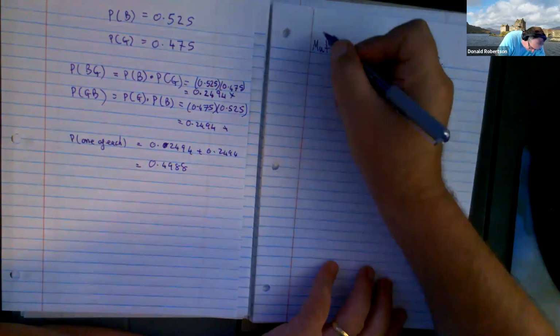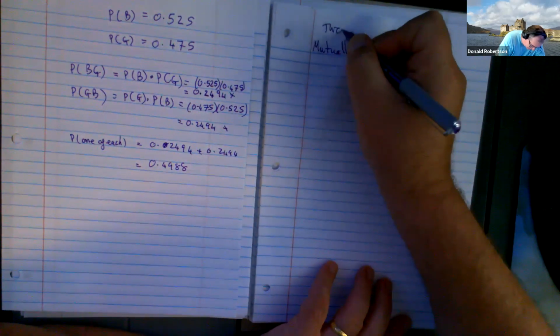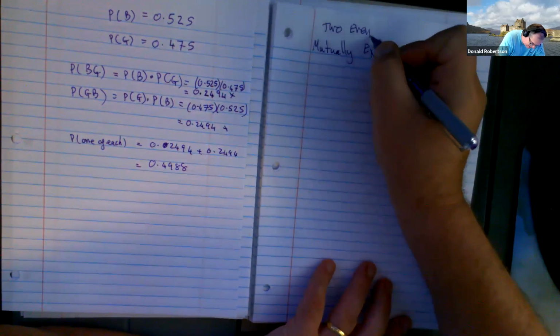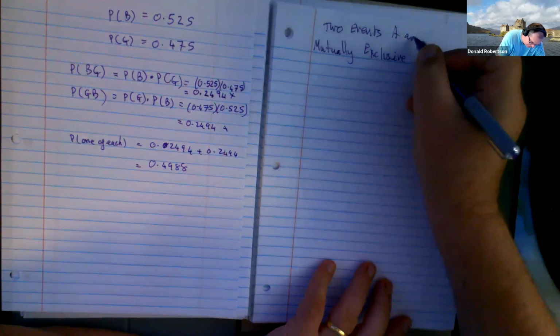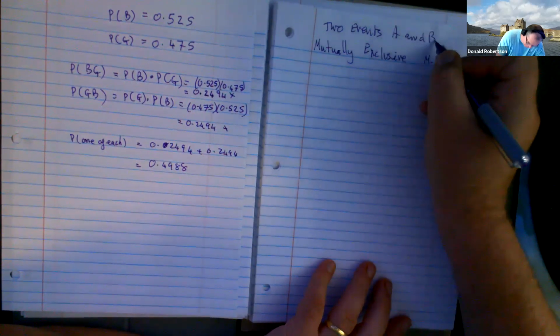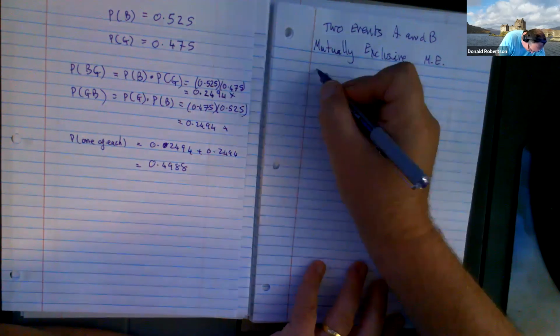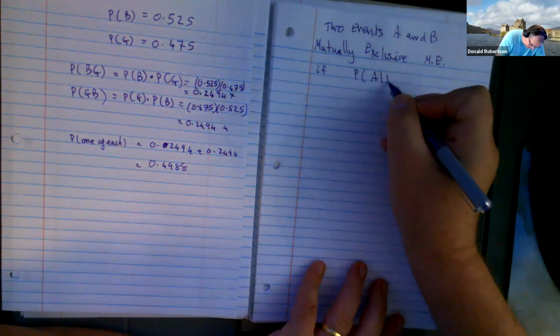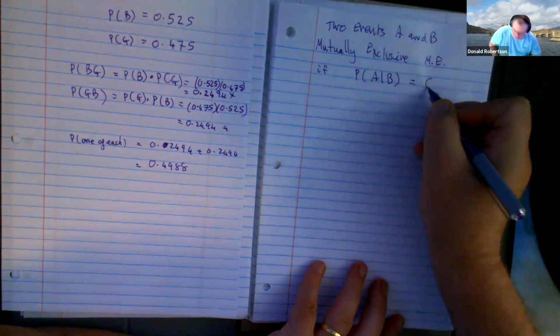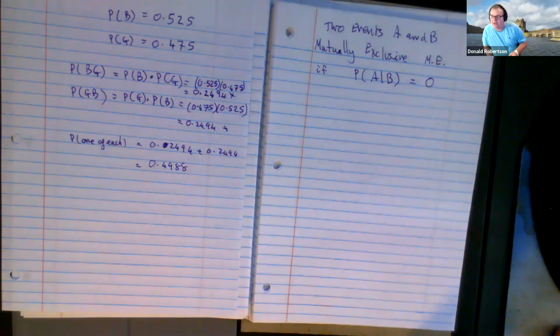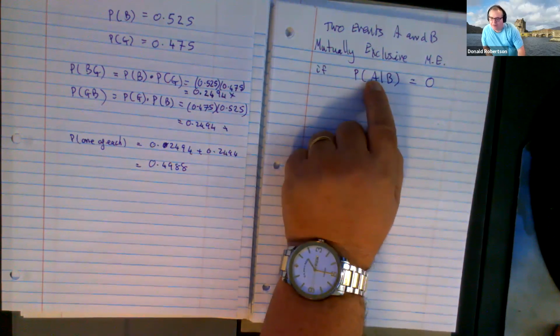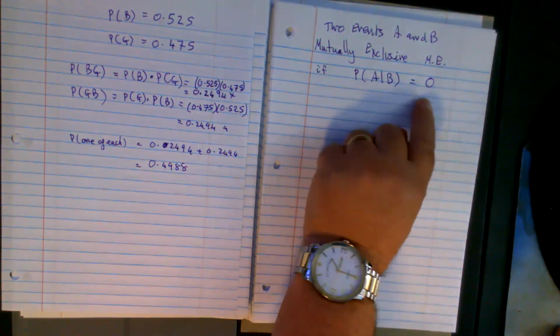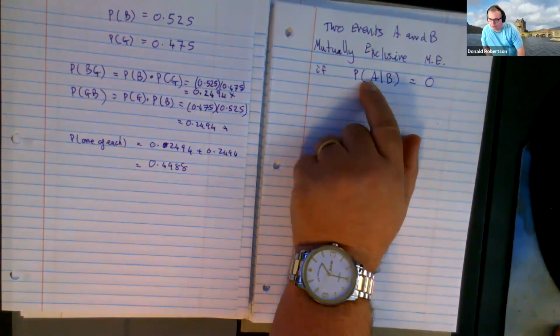Two events, A and B, are mutually exclusive if the probability of A given B is 0. That's essentially the test for it. So the probability that A happens given that B happens is 0. That is one way you can test that two things are mutually exclusive.